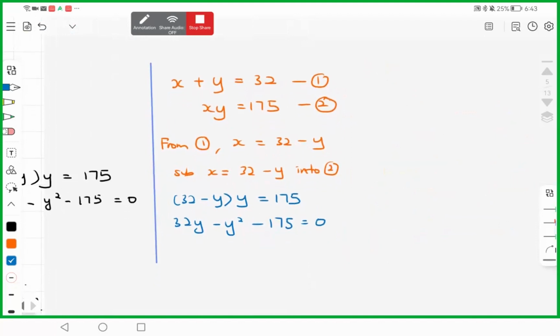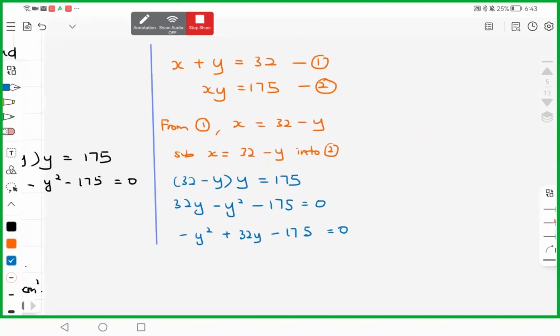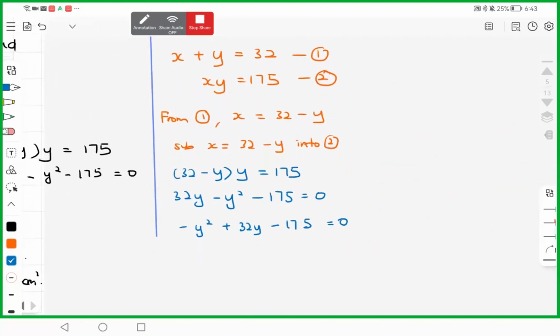After that, we just rearrange. So it will go back to the quadratic equation. Then we can proceed already. If you have negative here, listen carefully, you can make it positive. You times the whole equation with negative.